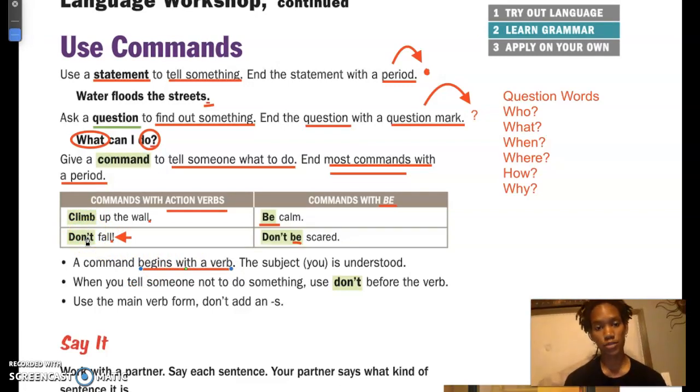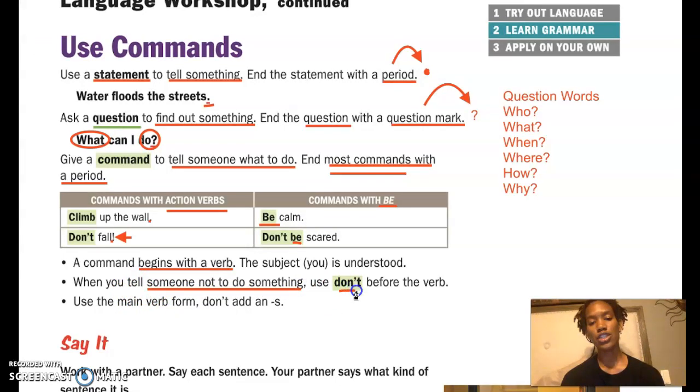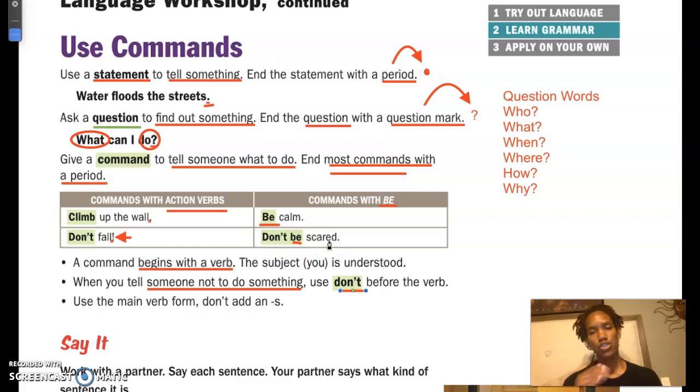These are verbs, okay? The subject is understood, which is usually the other person, you, okay? When you tell someone not to do something, you need to use don't before the verb. For example, don't be scared, right? Our verb here is be, and it's telling us don't be scared. Okay, so if you want someone not to do something, you use don't. For example, don't talk while the teacher is talking.